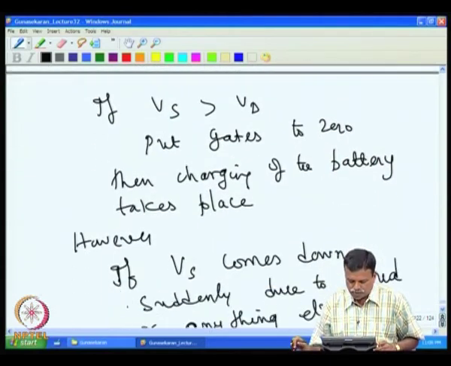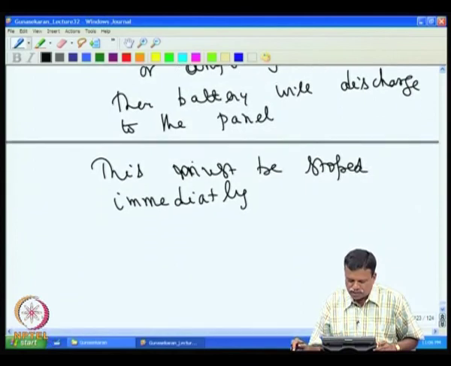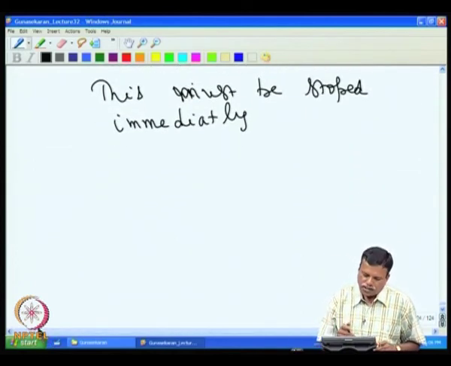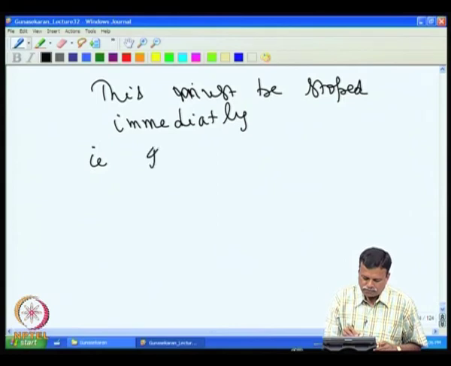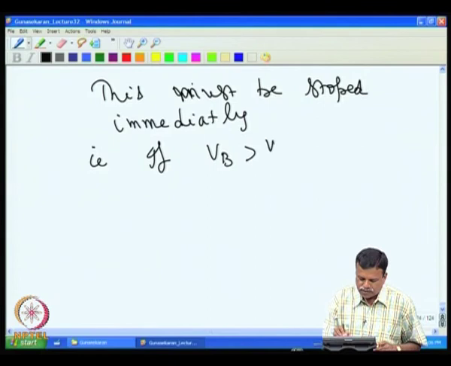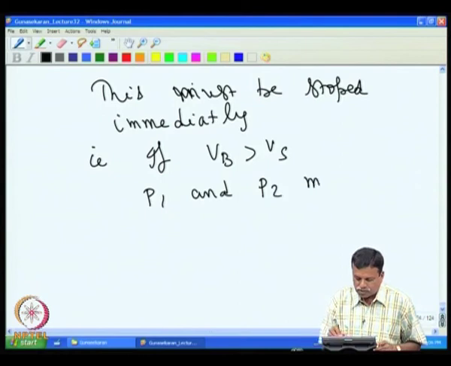One has to sense very quickly: if V battery is greater than Vs, P1 and P2 must be switched off immediately.